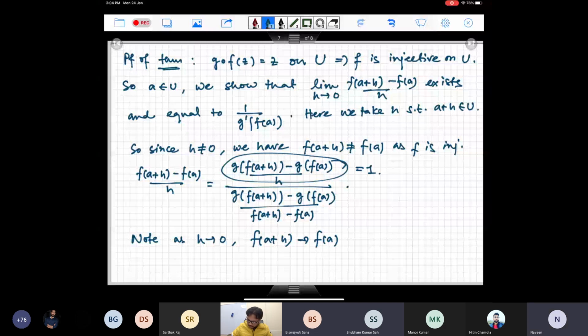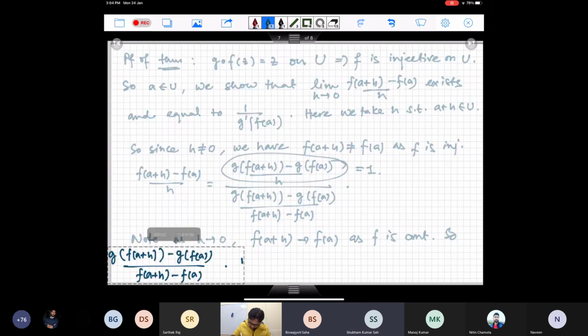As h tends to 0, yeah, as f is continuous, right? I had started with this assumption on f to be continuous. So these are continuous functions we had started with. So f is continuous, so f of a plus h goes to f of a. So therefore, now can you tell me where does this ratio go to?